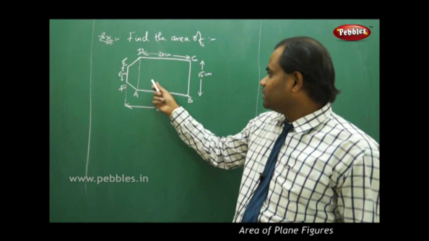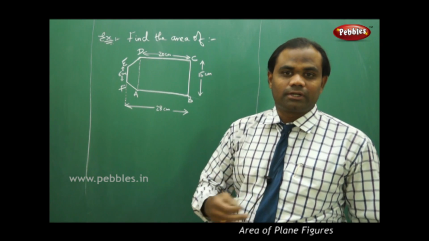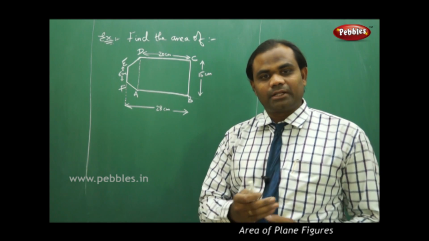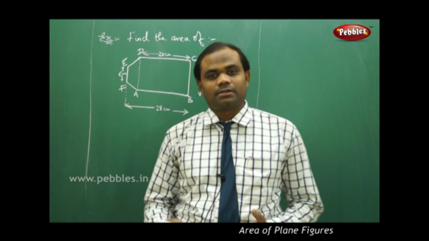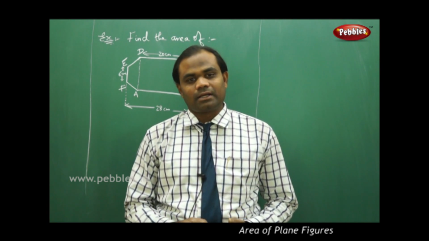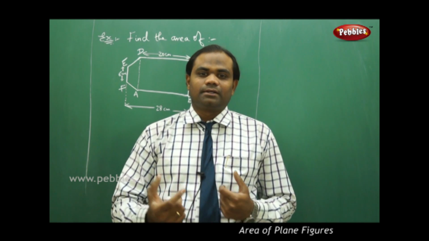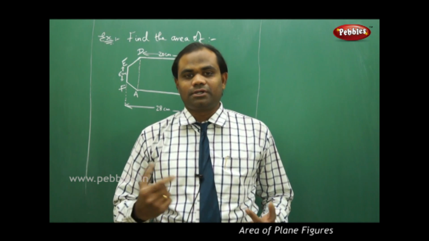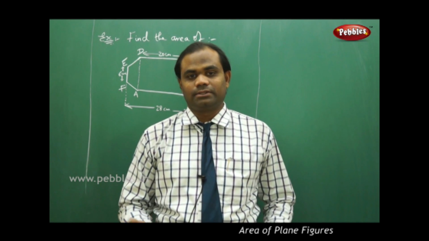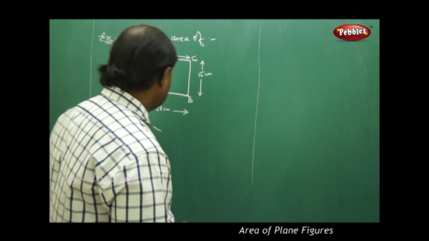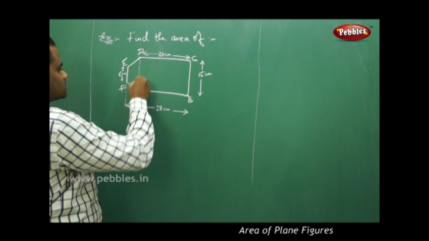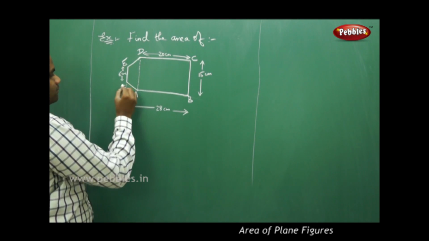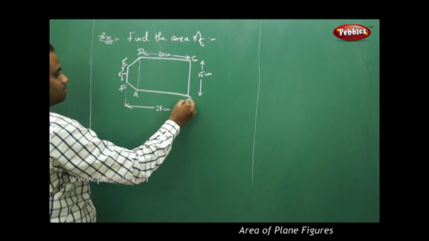So this is how we try to solve problems which are given in different shapes. Break them into suitable plane figures, find the respective areas, and then add them up so that we get the area of the entire region asked in the question. So coming to this, I break this into the regions DEFA and DCBA.